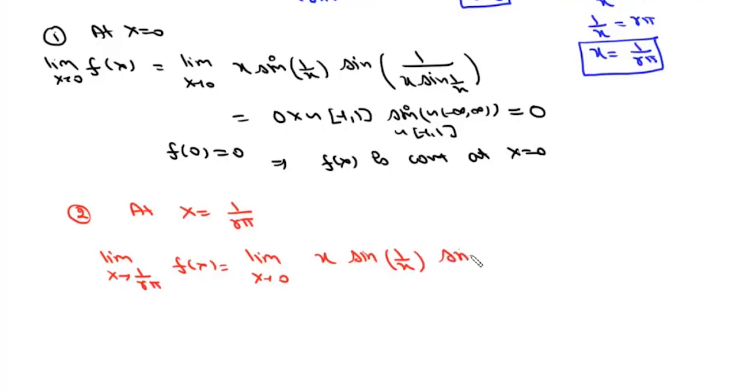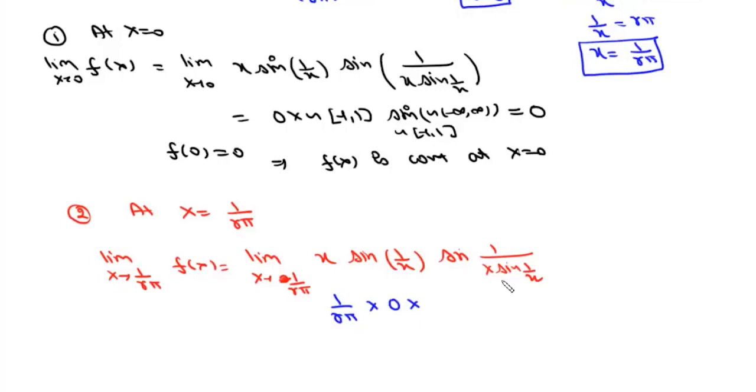Again we'll put the value. This is 1 upon n pi into sine of 1 upon x, which is sine n pi, and sine n pi is 0.